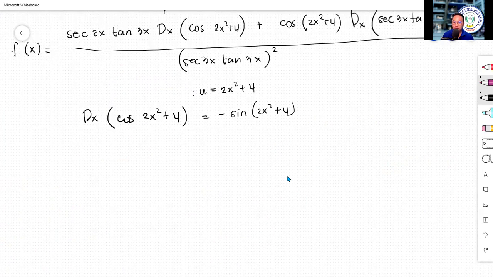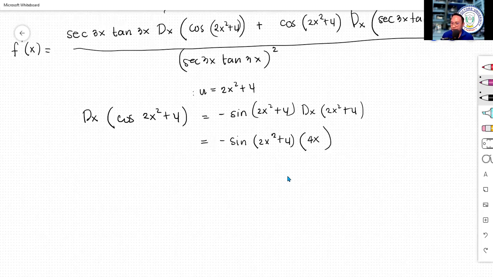So the parentheses, pwede mo maglabel. As well as kanidari, so the parentheses. Dx u, which is 2x squared plus 4. This becomes negative sine 2x squared plus 4 times the derivative of that expression, which is 4x. And you cannot, again, multiply it to the terms here.